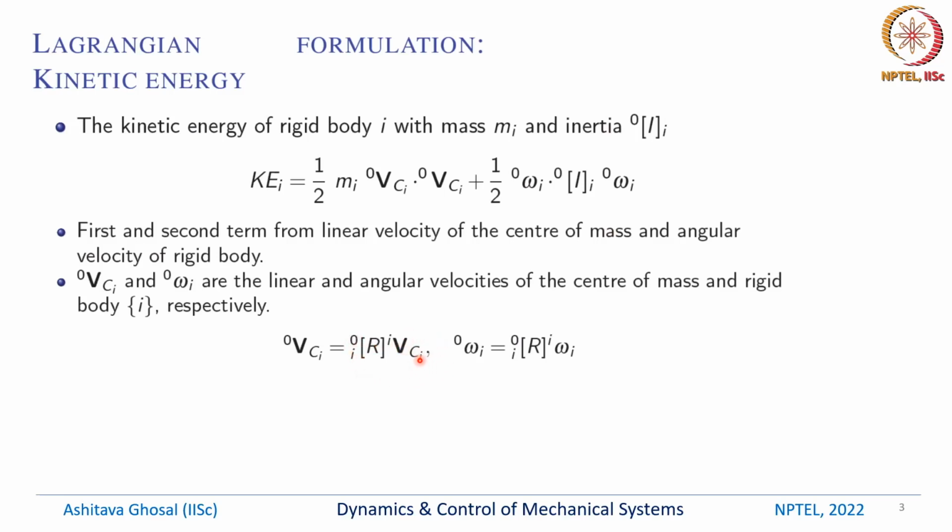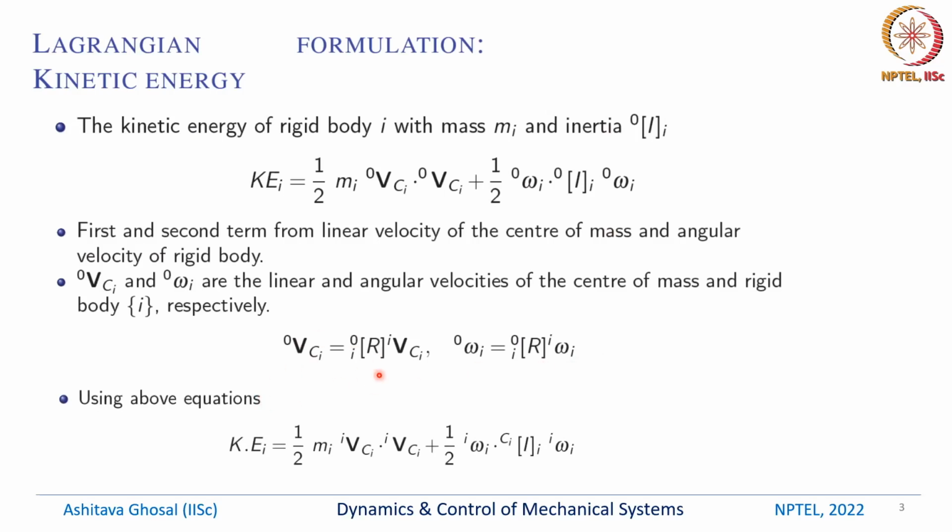So i v_Ci is the velocity of the center of mass described in its own coordinate system. Likewise, the angular velocity of rigid body i in some fixed or zero coordinate system is also obtainable from i omega_i, which, if you recall, was involved in the propagation equations. So you take i omega_i and pre-multiply by the 0 i rotation matrix. And i omega_i was also nothing but the angular velocity of rigid body i described in its own coordinate system.